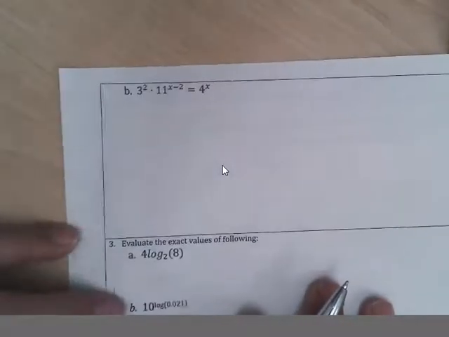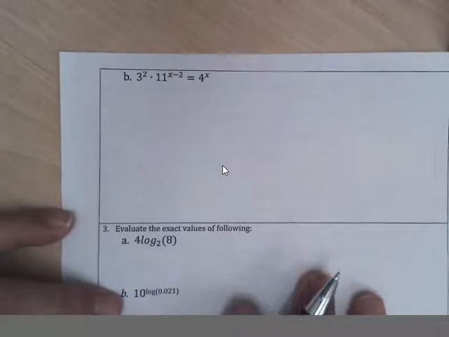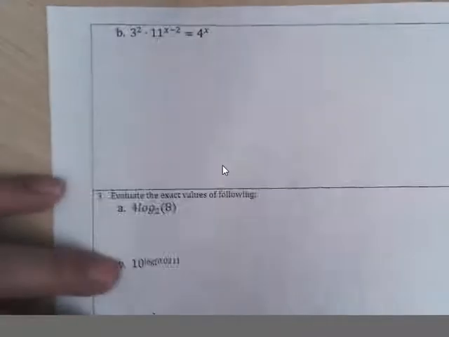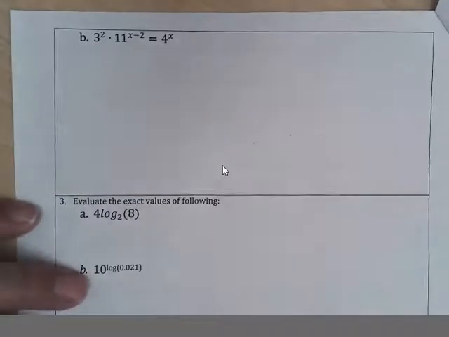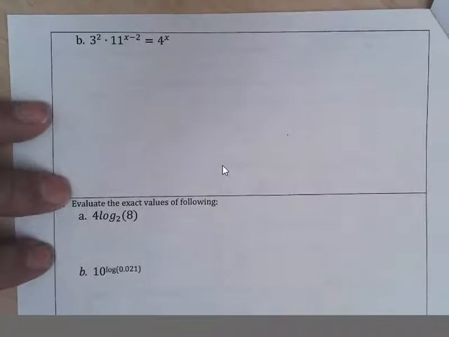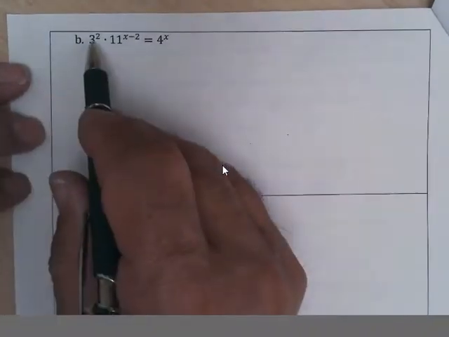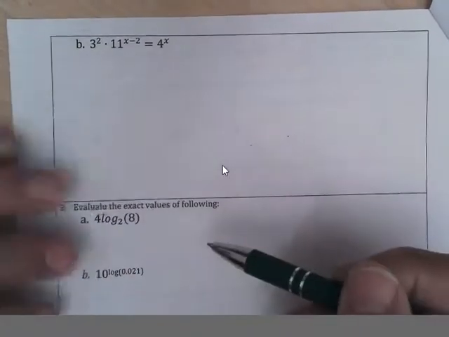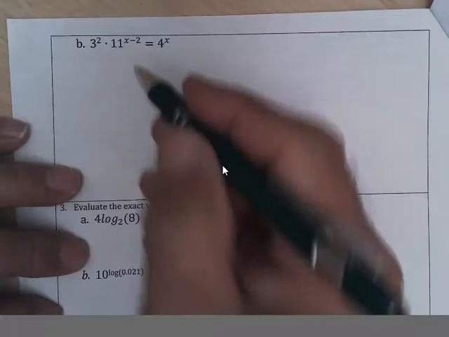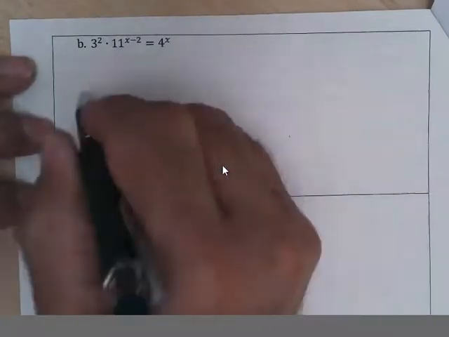Page 2. Now they're not in any common base number, so we probably should just decide, do we want to go base 10, base E? Those are the common ones in the calculator, or we could do base 3. I'm going to do base 10, let's say.